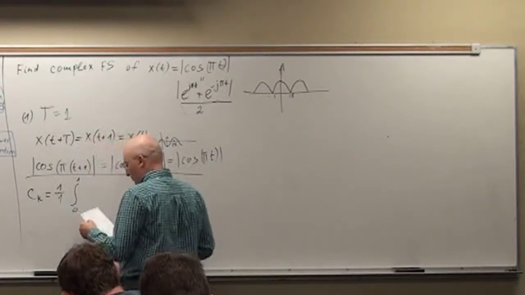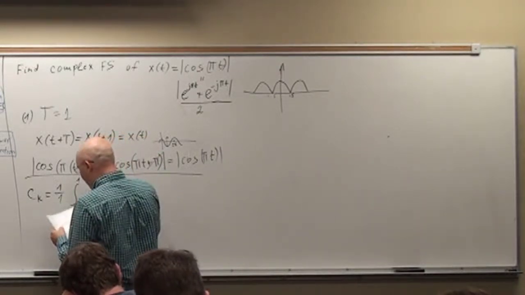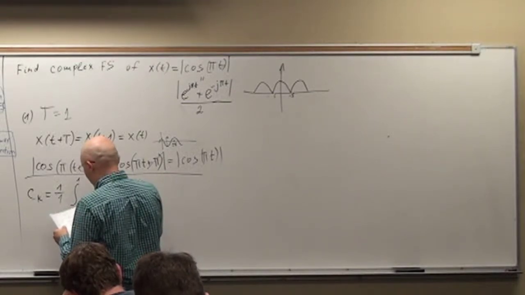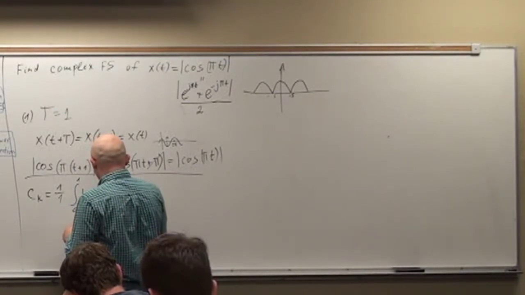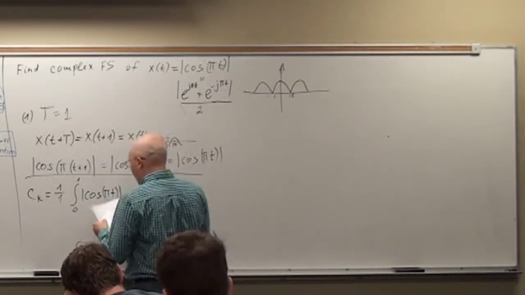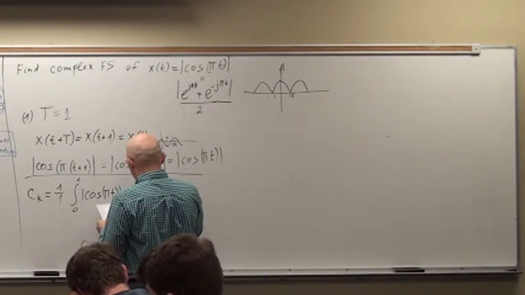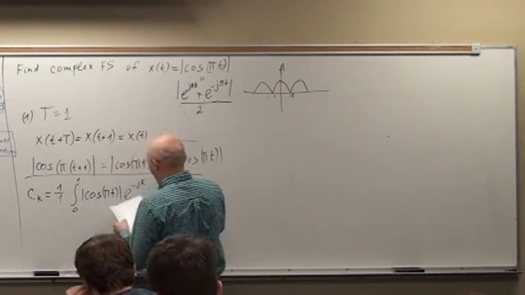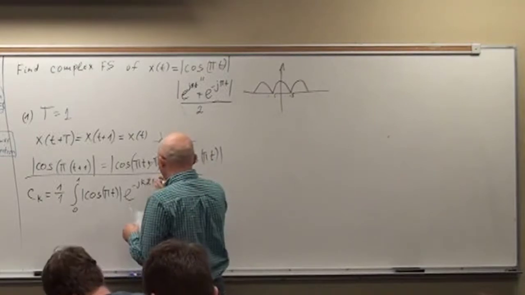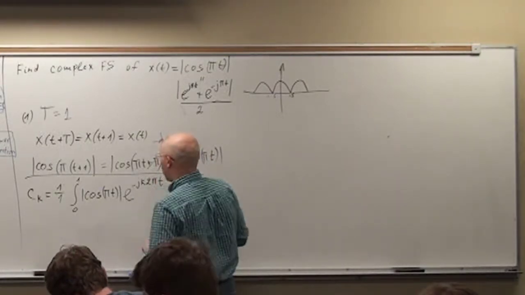From 0 to 1 of x of t, which is the absolute value of cosine of pi t, times exponent minus j k 2 pi over T, which will be just 2 pi, t. dt.